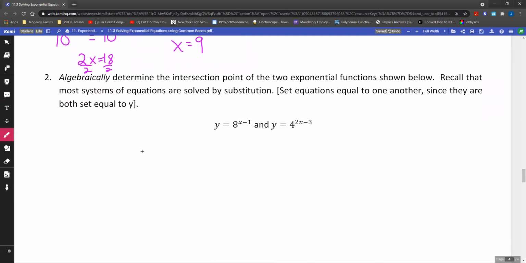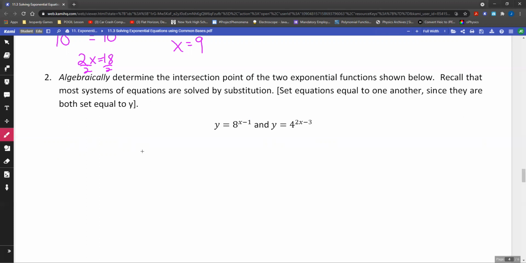Going down to here. All right. So here they want us to determine the intersection of these 2 points. So remember, as it says here, that because these are intersecting, that means that their y values have to be the same.